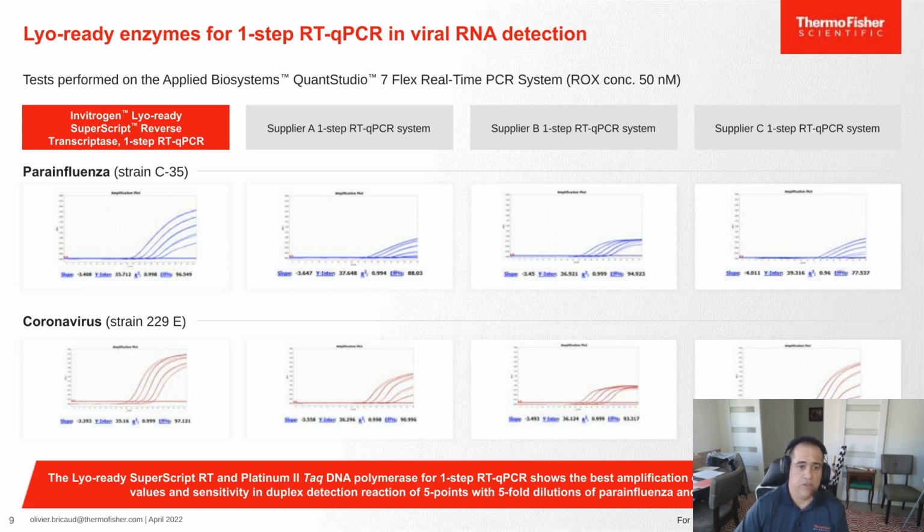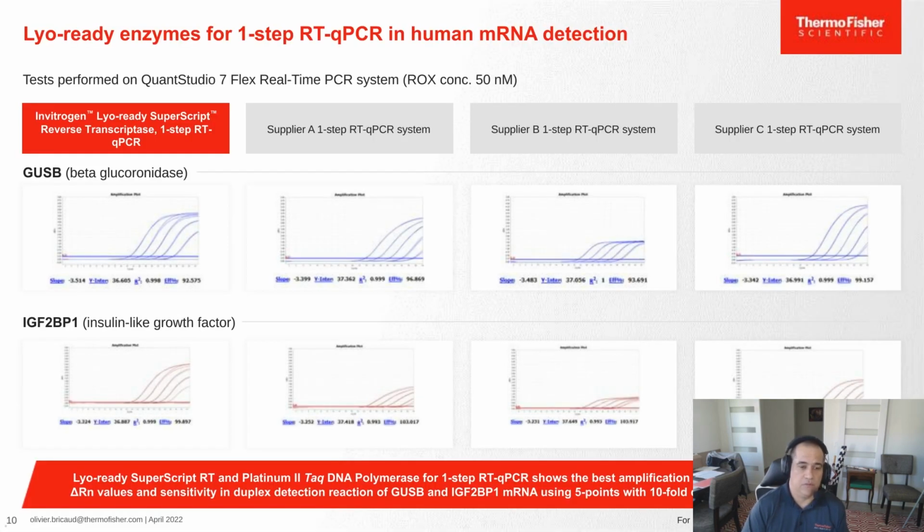We also show that the same is true when we look at difficult samples to work with, like human samples. Here, using the same one-step RT-qPCR, we detect two genes, beta glucosidase and insulin-like growth factor, in human samples using our Lyo-ready one-step RT-qPCR, and compare that to the leading enzymes after lyophilization and reconstitution.